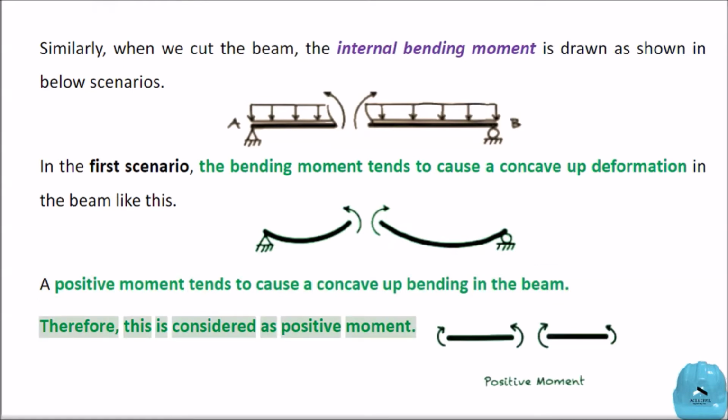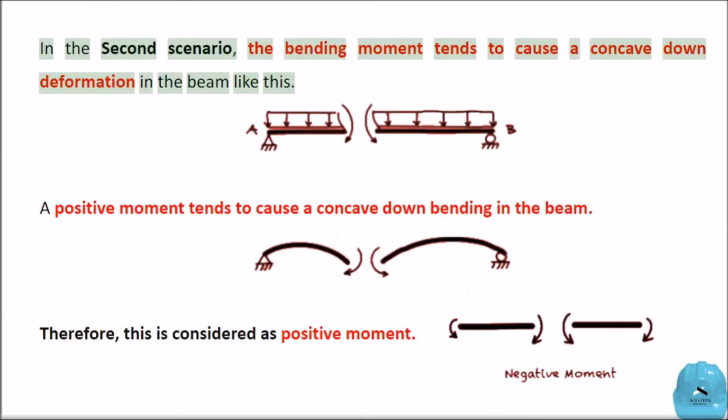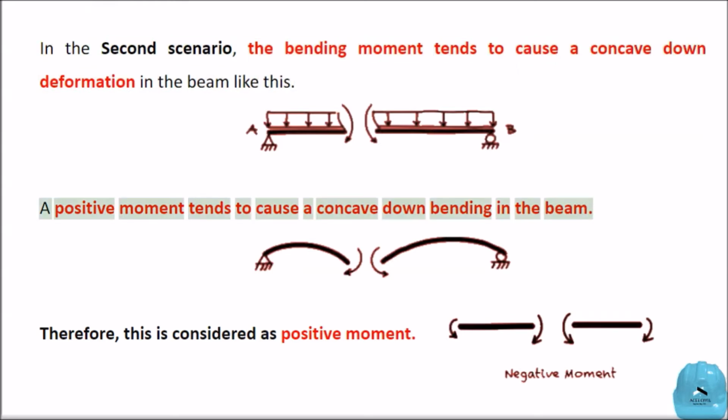Therefore, this is considered positive moment. In the second scenario, the bending moment tends to cause a concave down deformation in the beam like this. Such a moment tends to cause a concave down bending in the beam. Therefore, this is considered negative moment.